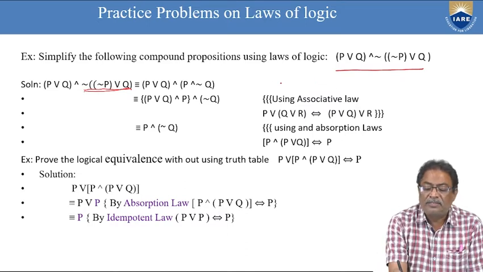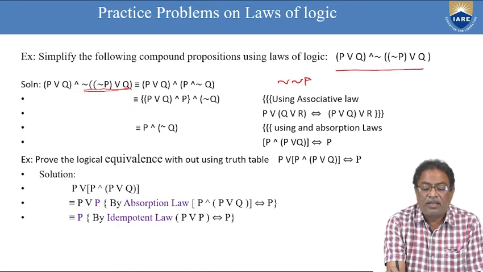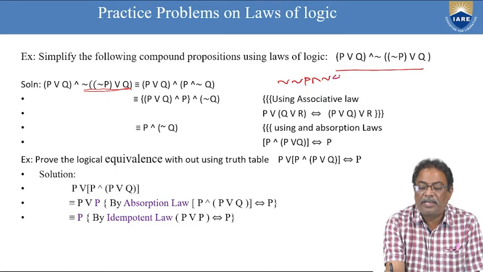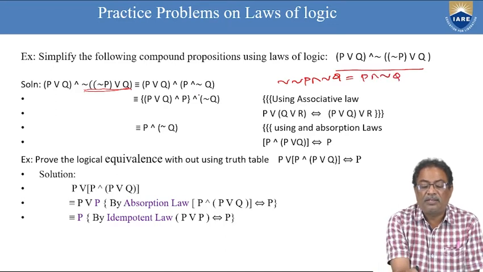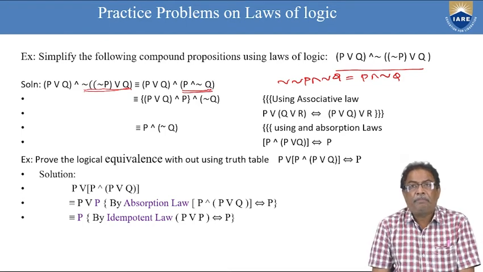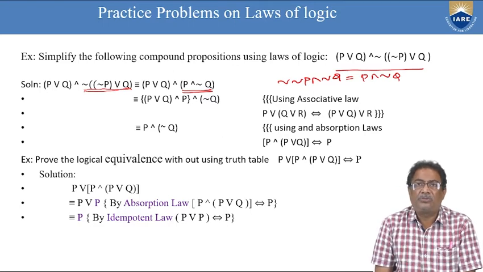Taking negation inside, double negation P and then double negation of Q. So negation of negation is equivalent to P, and negation Q. That is given here. We applied De Morgan's law on this and reduced that.